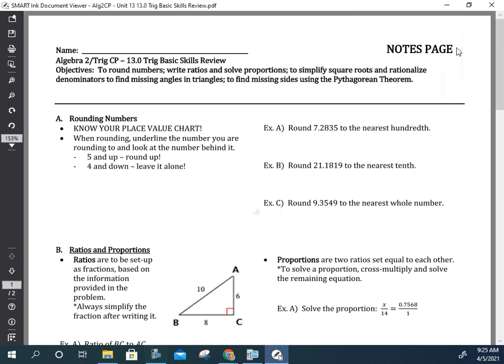All right, so today we are going to work on and review some of those fundamental concepts that you need in order to do trig effectively. Those of you that were in geometry last year, which should pretty much be all of you, you've done trig in geometry.